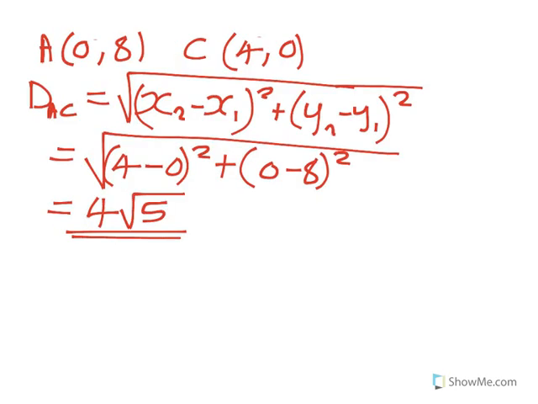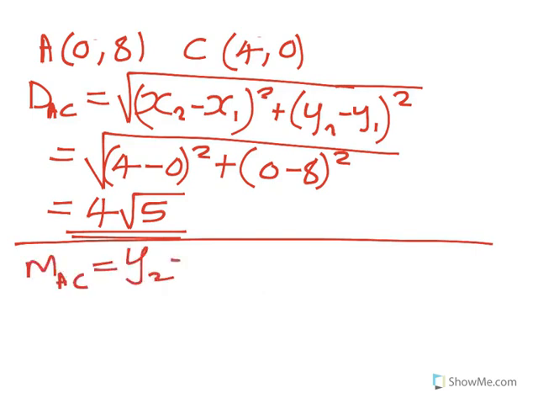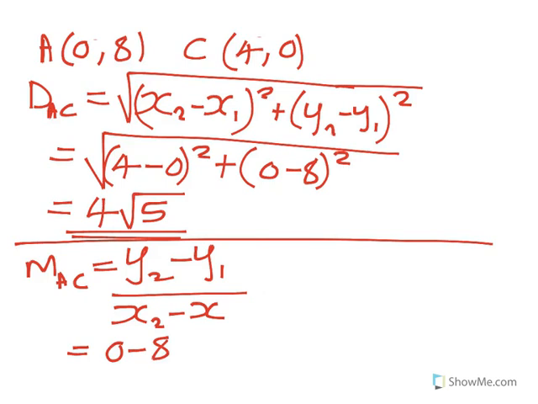So now I'm going to use the same page because here we're still having AC. Now m of AC is y2 minus y1 over x2 minus x1, which is equal to 0 minus 8 over 4 minus 0.